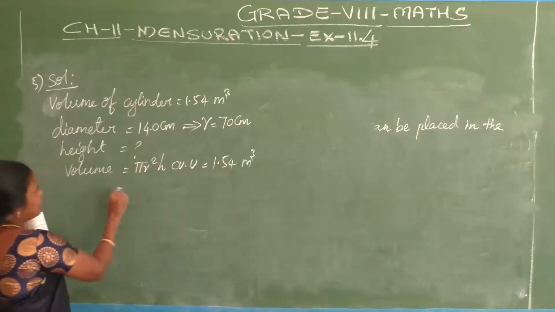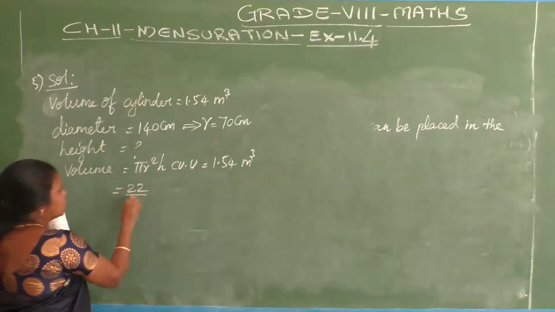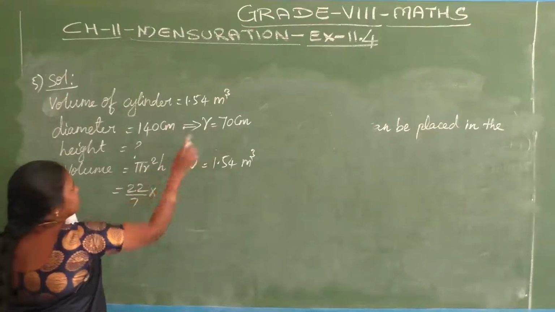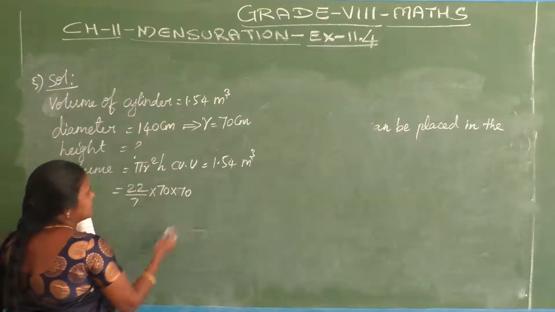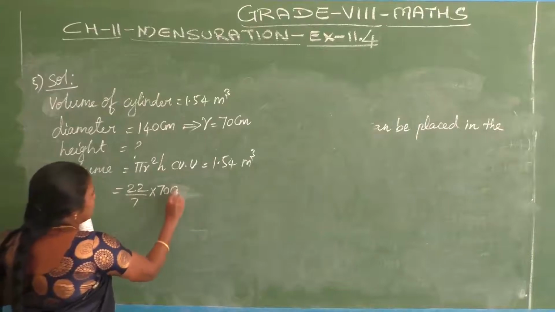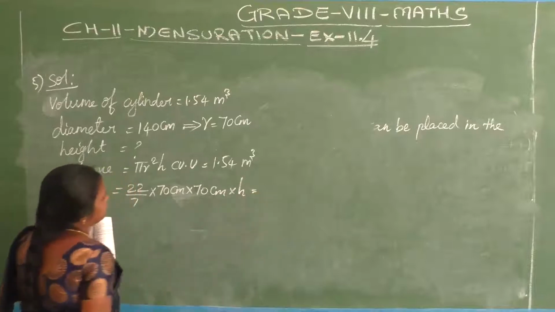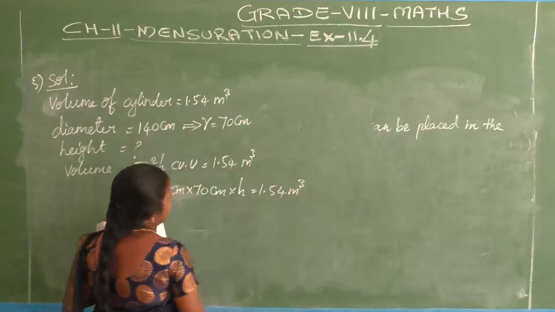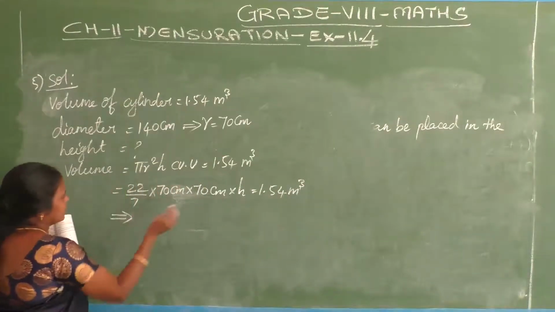Okay, for pi the value is taken as a multiple of 7, so take the fractional value 22/7 into radius 70 squared, so 70 centimeter into 70 centimeter into height is equal to 1.54 meter cube. What to do? To be taken that side.